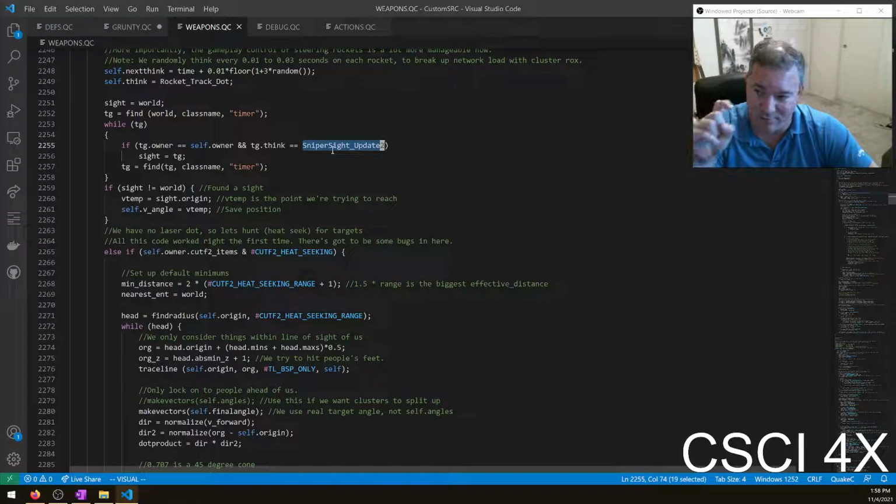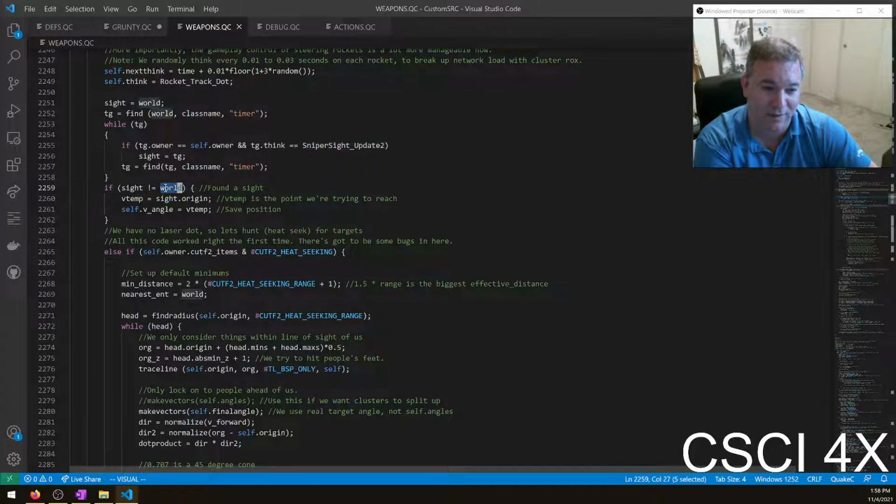When you hold down the sniper button, it creates a dot in the world whose think function is sniper sight update 2. So basically we're searching through the whole world trying to find where the laser dot is. If we didn't find one, this function returns world. If we did find one, then we're going to follow it.